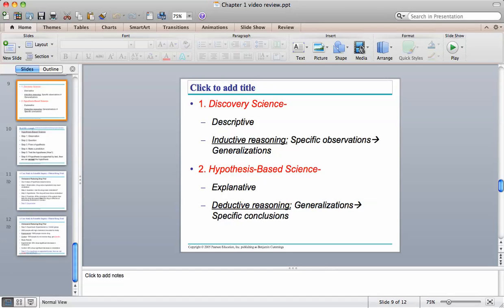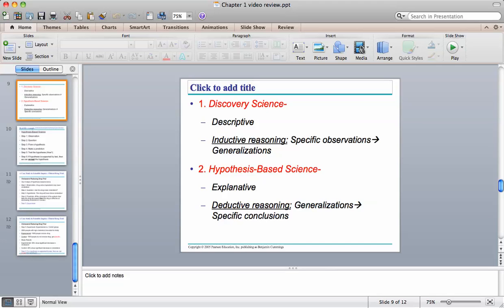So this last part here, discovery science and hypothesis-based science, are two approaches to scientific research. The first is really just describing what you're seeing in the world. You're not trying to solve any kind of problems or explain anything, you're really just describing. So Jane Goodall was a good discovery scientist as she described the chimpanzees in the wild and their behaviors.